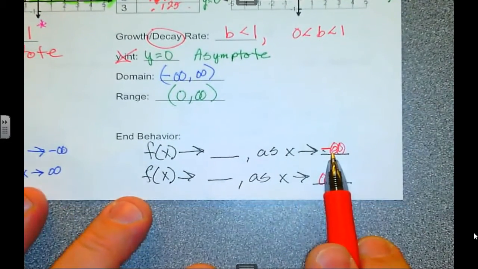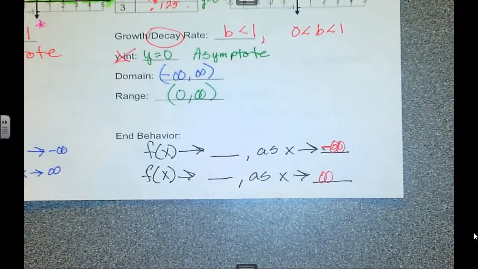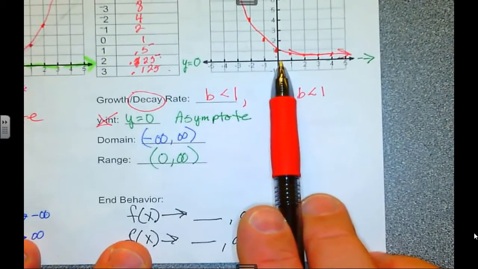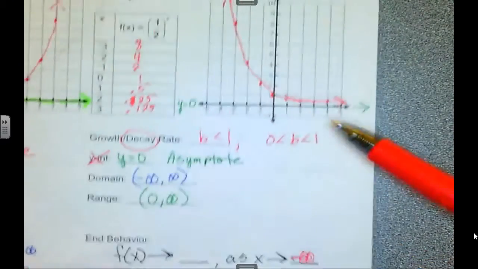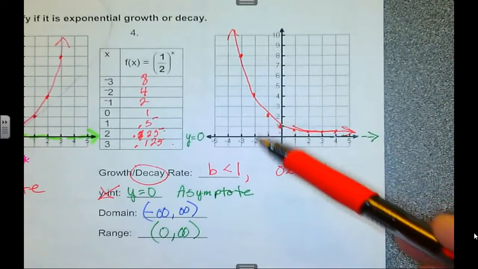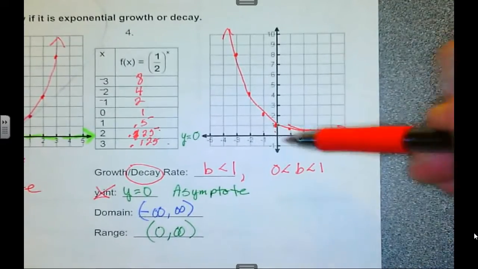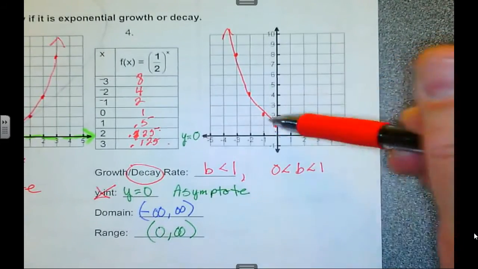As x goes to the left, as x goes to the right, okay? As x goes to the left, so I'm looking at my x-axis, what happens to my y values? As I go to the left, yeah, they're increasing.